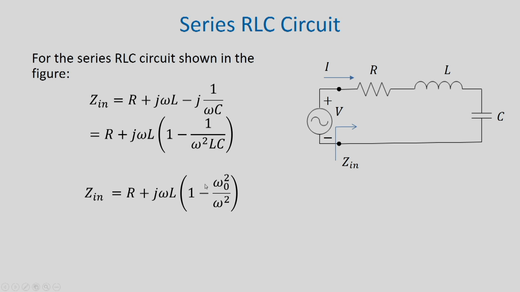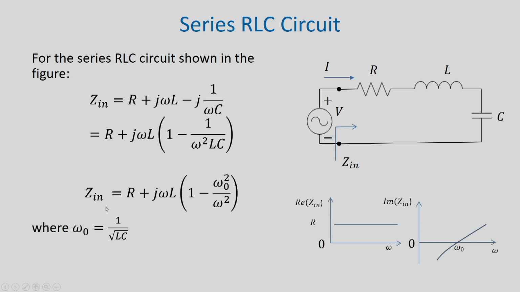Now, writing omega naught square is equal to 1 by LC, we find that Zin can be written as R plus j omega L into 1 minus omega naught square divided by omega square. So, omega naught is the resonant frequency, because whenever omega is equal to omega naught, the imaginary part of the input impedance becomes 0 and Zin becomes purely resistive.